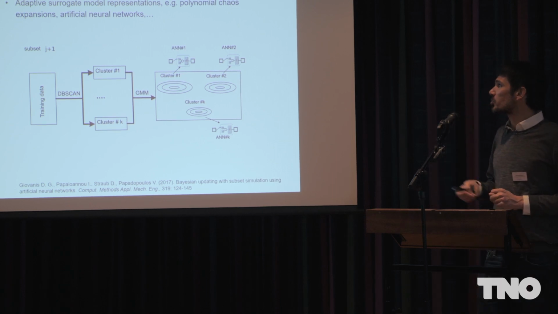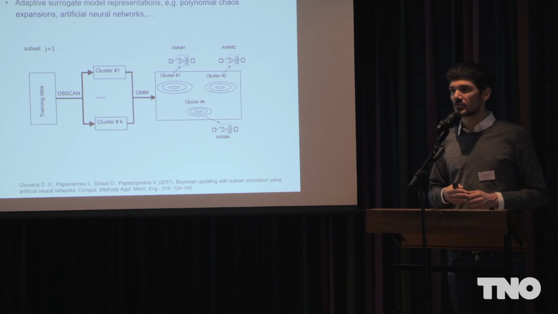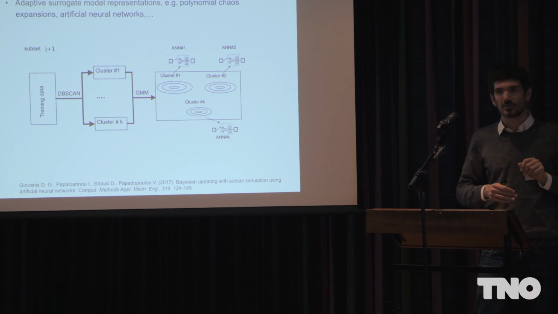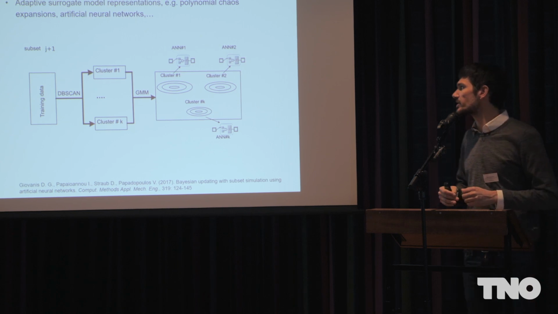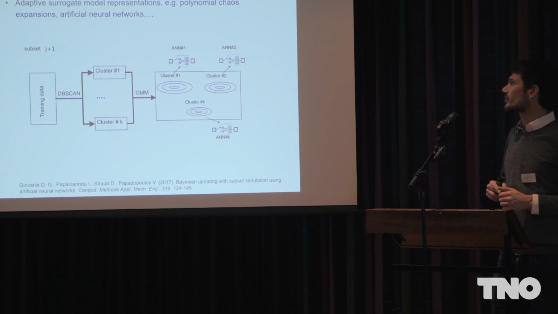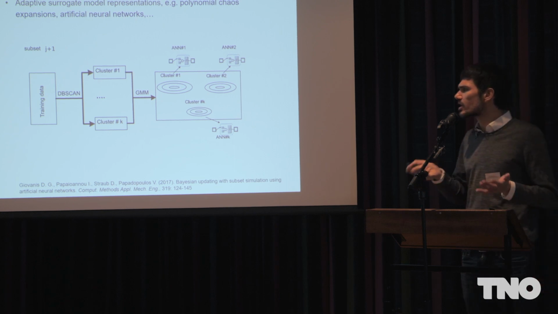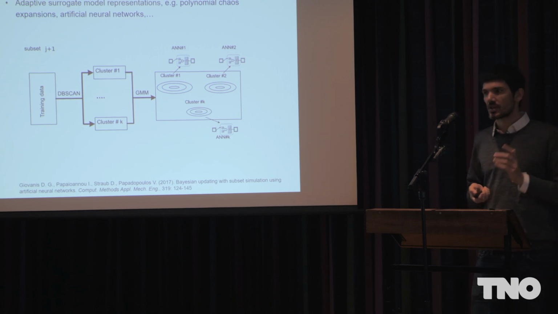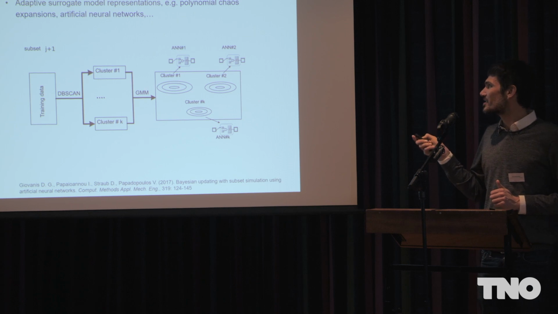In particular, one could use adaptive surrogate models and couple them with these type of sequential sampling approaches. One can use samples from each intermediate density in order to get a better fit of the surrogate model. In this paper, we used artificial neural networks, but there are also other types of surrogate models that can be used, as Bruno will discuss in the next presentation.